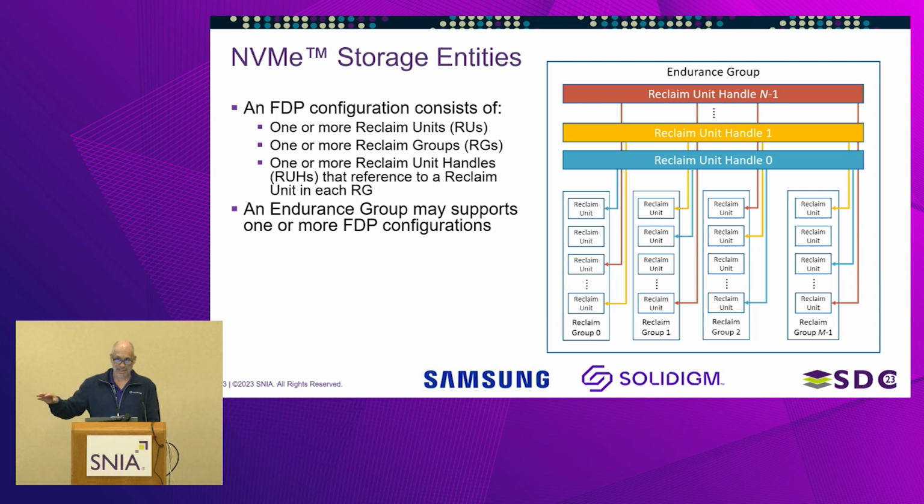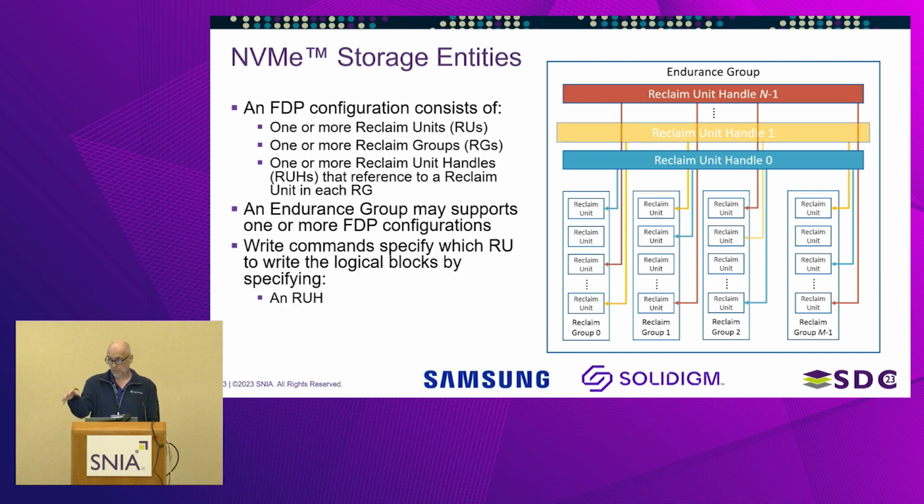So you would have to query that to find out what configurations the drive is going to support, what the arrangement of those is within the endurance group, how I want to configure that drive, and which of those configurations I want to select for that drive. You as the host do not get to make that up. You can only query the capability from the drive and implement one or more of those capabilities depending on what the system will allow you to do.